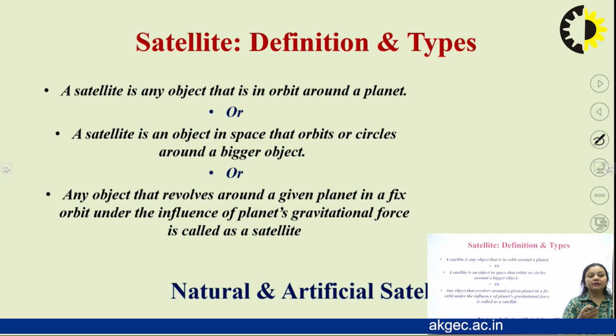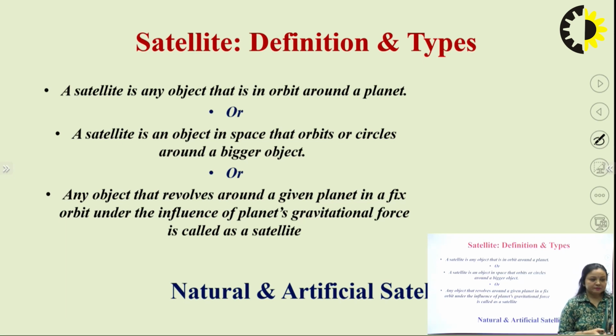The second one is the artificial satellite. All the man-made satellites, made by scientists or human-made objects which we have made to revolve around a given planet in a fixed orbit, we call artificial satellites.